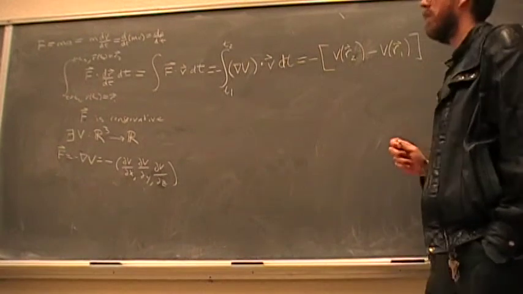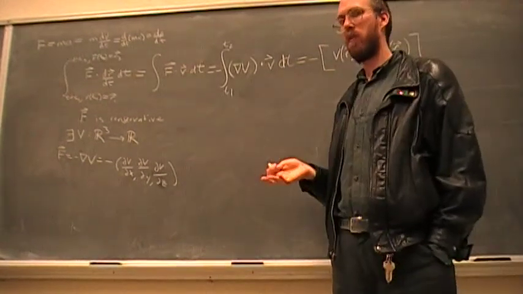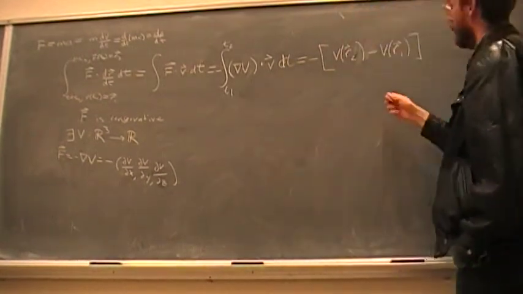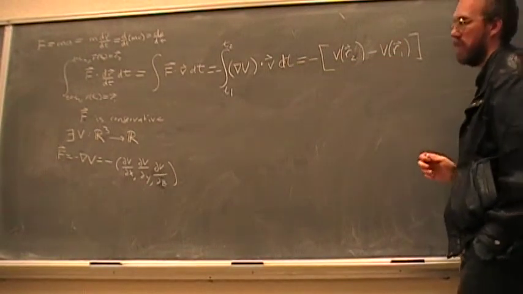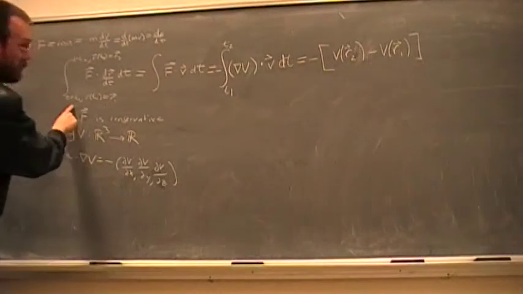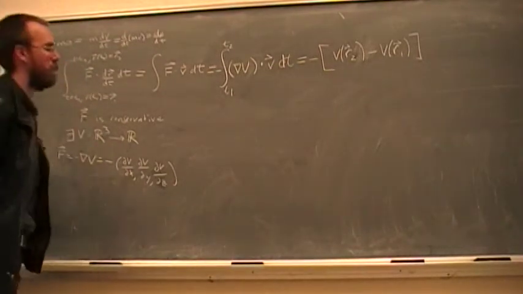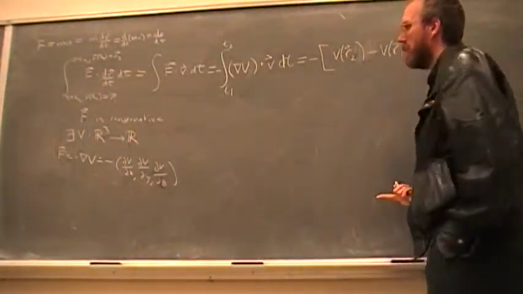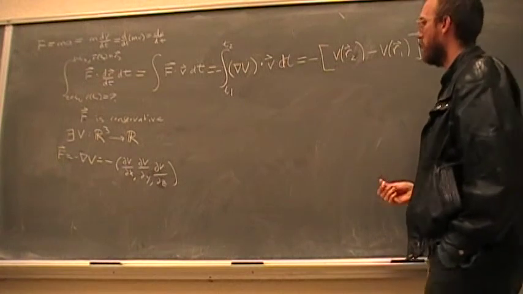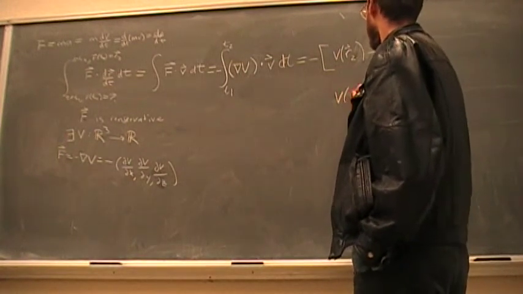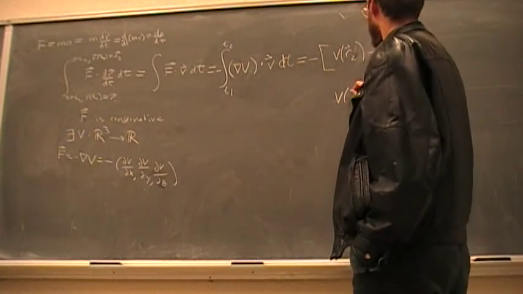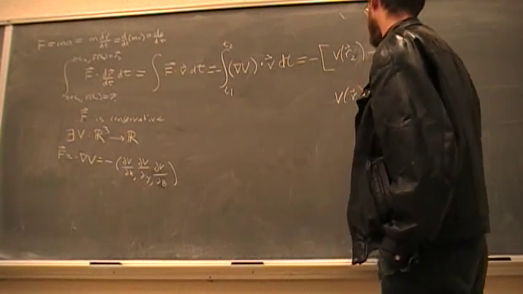In physics, we like to have conserved quantities, so this is something that's not conserved. Unless these two happen to be the same, you're going to get something that changed from t equals 1 to t equals 2. So we correct this by adding another term. Instead we consider potential as a function of space.